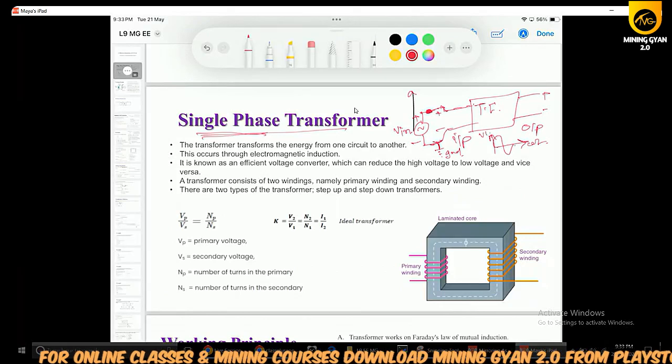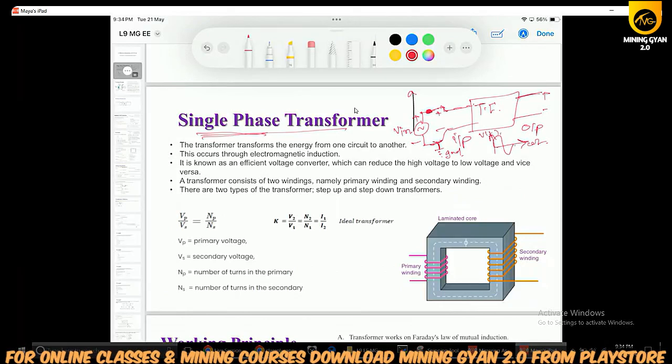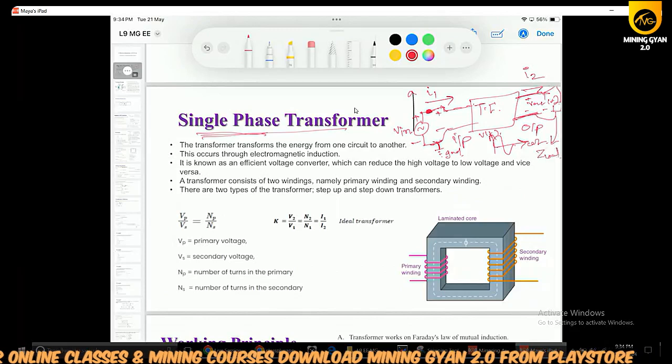So with respect to that, the input voltage will be single phase AC supply, like this. The waveform of V(t) will be like this, and from these two terminals we will get the output voltage V output with respect to omega t, and the input current will flow like this, I1, and output current can be collected from the output terminals. Across these two output terminals we will connect the load, and load will be of impedance type.